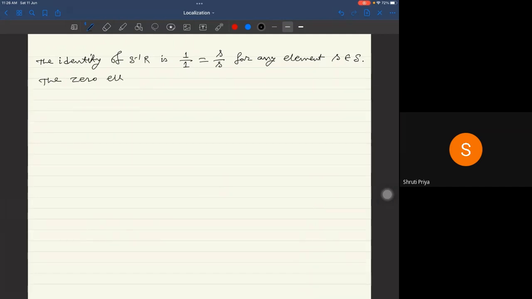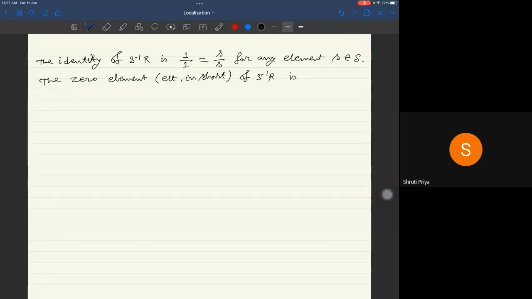Now onwards I will write this in short to save time. So the zero element of S inverse R, can anyone guess?